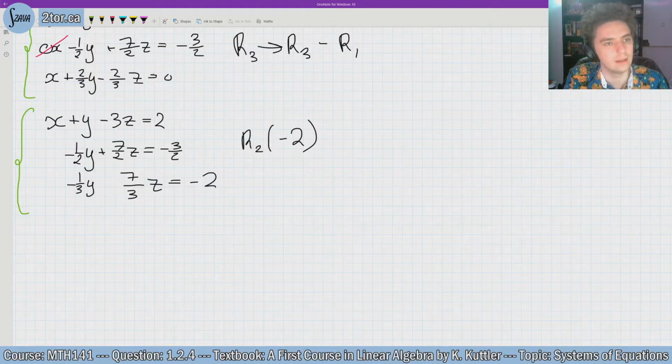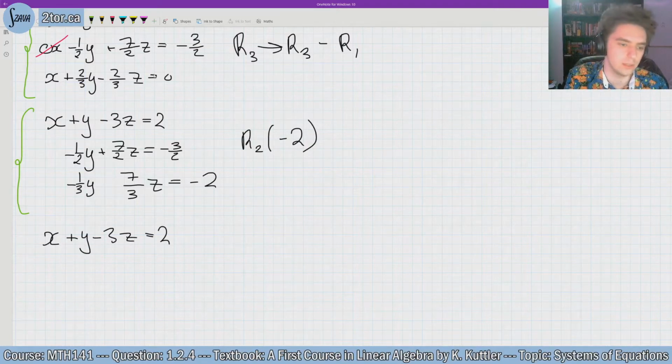So let's do that. I'm going to write our first equation, x plus y minus 3z, which as always stays the same because I'm not doing any operations to it. Leave a little blank space there, just so you can see that an x would go here, a 0x would go here, but we don't really write it because it's not really necessary, and it gets more confusing. You can kind of see the progress you're making if you don't write it.